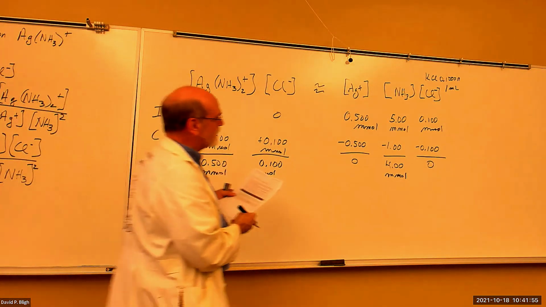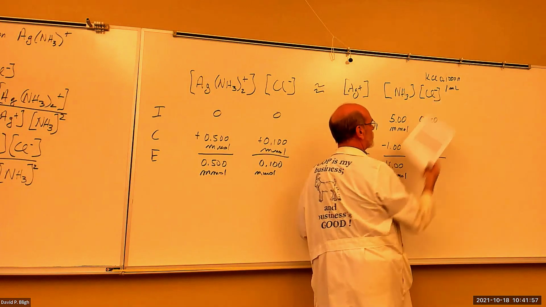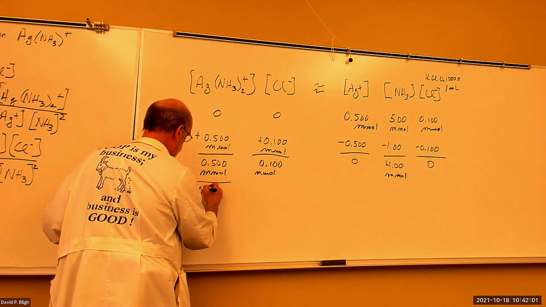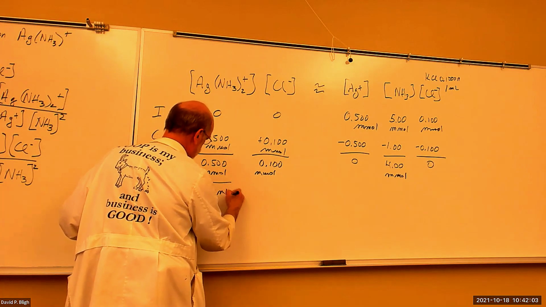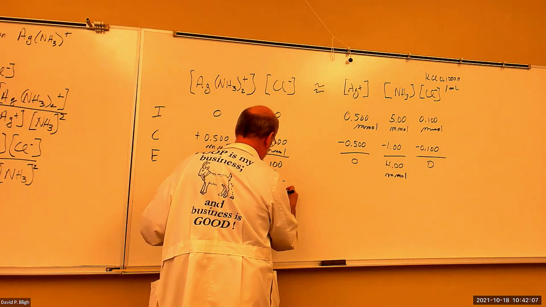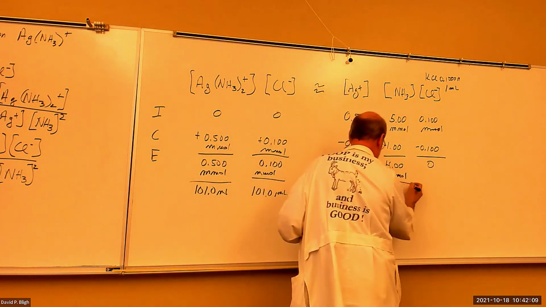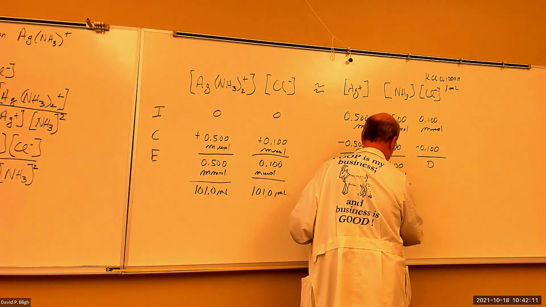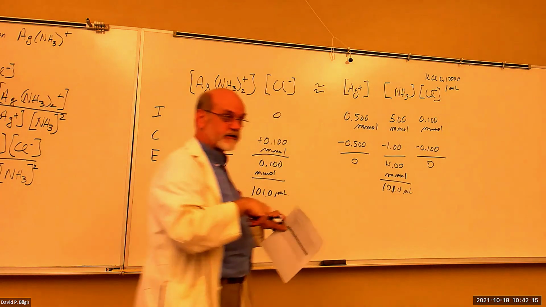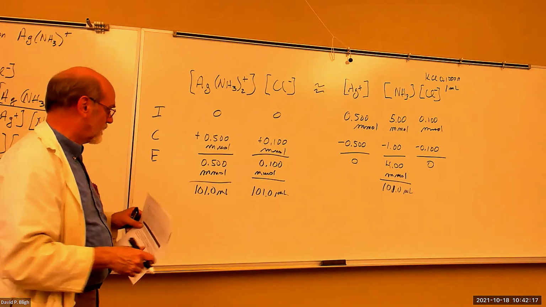How much did we add? 1 milliliter. So the final volume is 101 milliliters. Millimoles divided by milliliters is molarity.